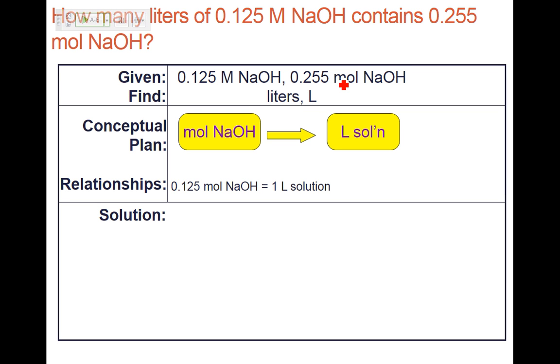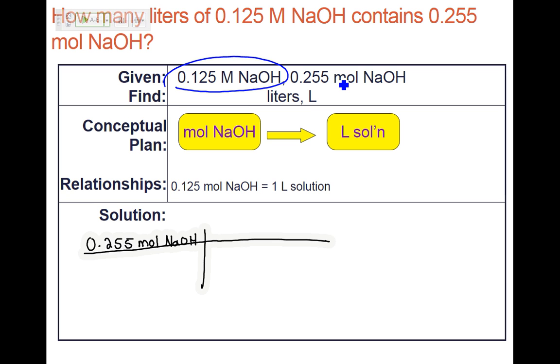As long as you know what molarity tells you, you can use it as a conversion. I know I want this many moles, and I want to know how many liters of this solution I need. So my conversion factor is coming from my molarity.